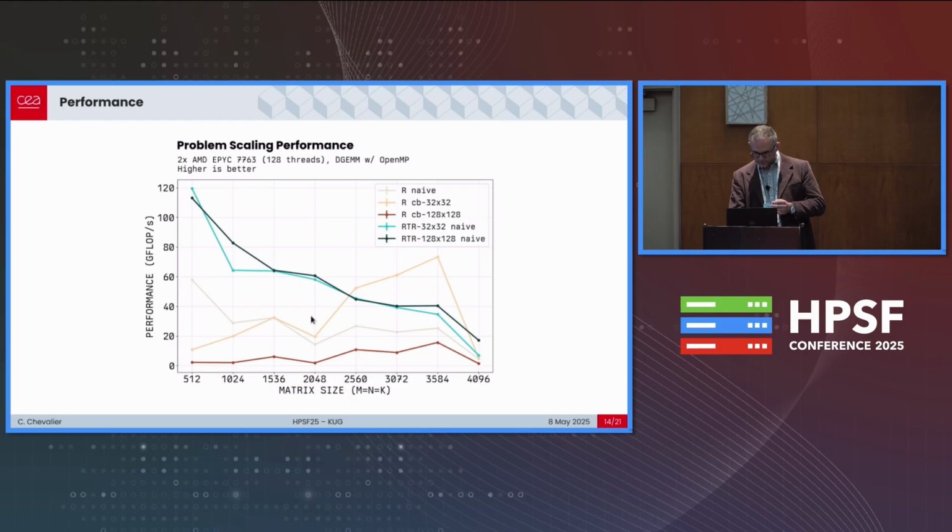The blue curves are when we change the layout. We have a better performance, but we still have a drop at the end, and we will explain why. And the red and the yellow curves, named CB, are the cache blocking curves. So it's what mdrange does, for example.